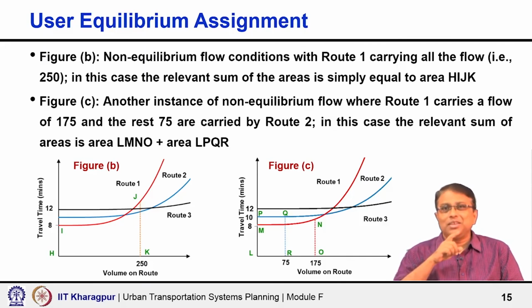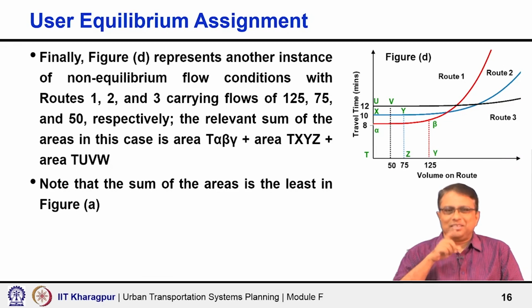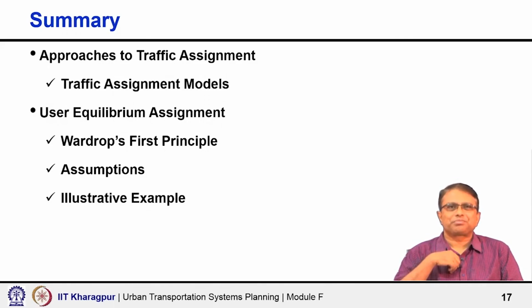So, under the user optimal equilibrium, the total area under this curve will be minimum. That is what is shown in all these slides with each of these figures. Now, you can explore it further when you get the notes.